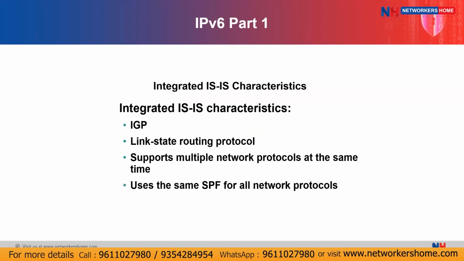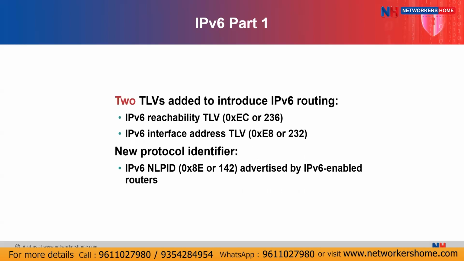And IS-IS, actually Intermediate System to Intermediate System, was already previously hexadecimal based, so it is easily accommodated under IP version 6. It is part of IGP, a link state routing protocol, supports multiple network protocols at the same time, and uses the same SPF for all network protocols.